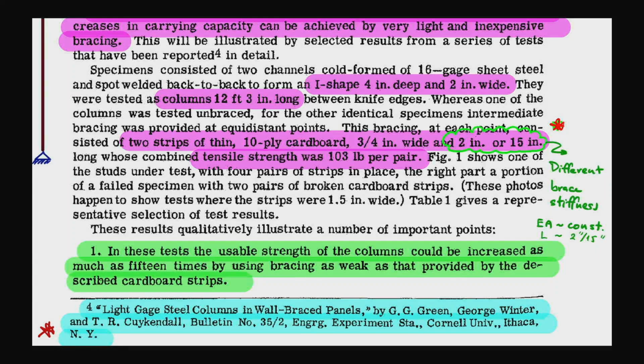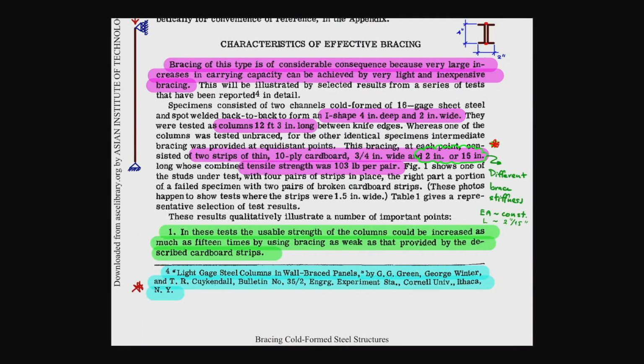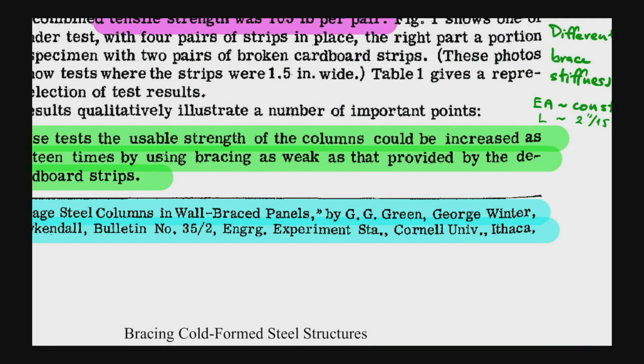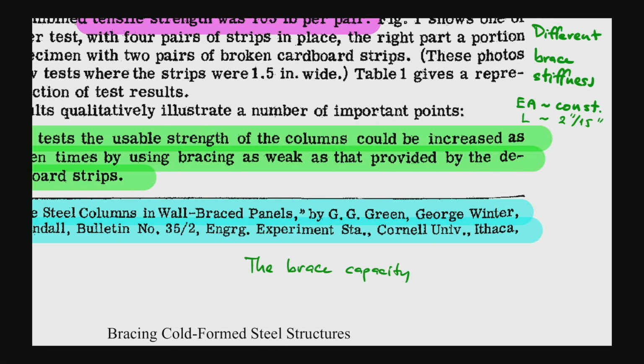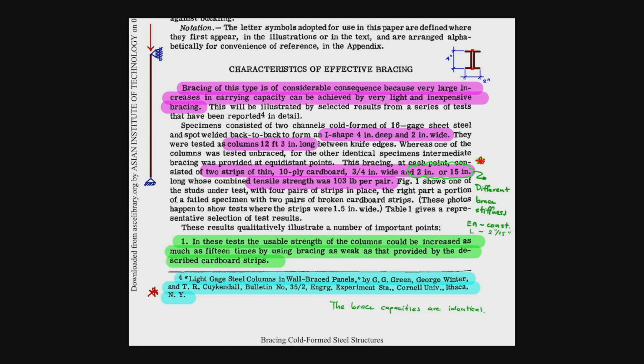And with the same size of cross section, 10 ply cardboard 3/4 inch wide, that means the capacity of the brace turns out to be identical. So generally the cross section controls the capacity, right?